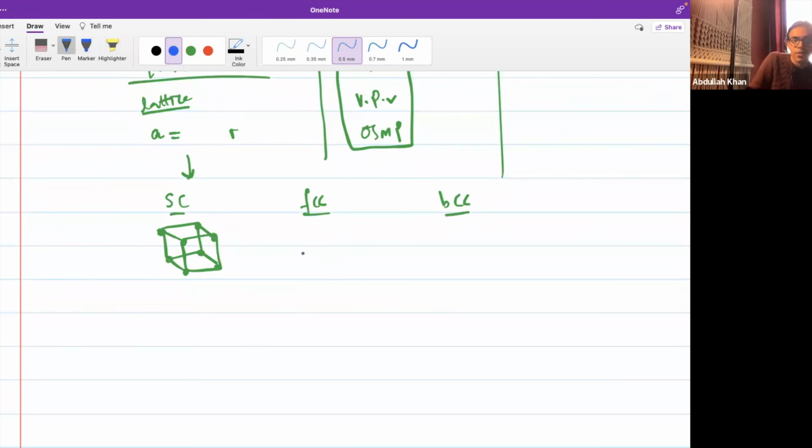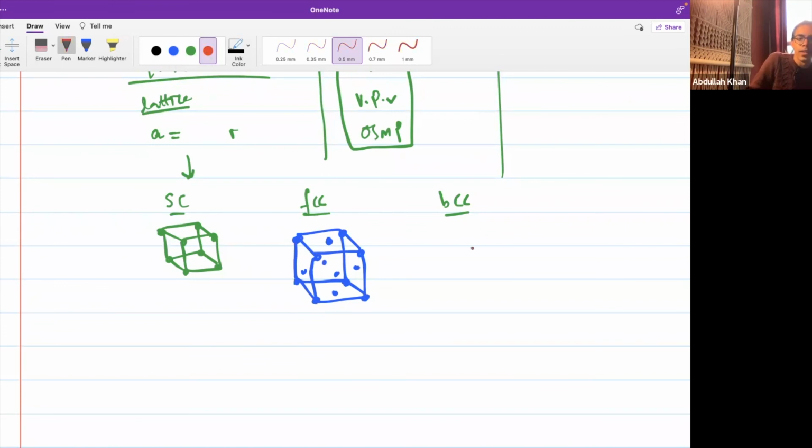In face-centered cubic, you have the 8 corners in addition to each of the 6 faces. So that's 1, 2, 3, 4, 5, 6, 8. And then you also have 1, 2, 3, 4, 5, 6.